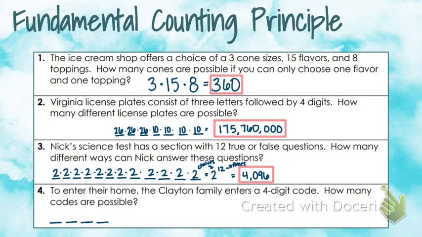We decided that there are 10 possible digits, 0 through 9. So there are 10 choices for each of the 4 slots. And once again, we could have just said 10 to the 4th power. And that will equal 10,000 different possible combinations.